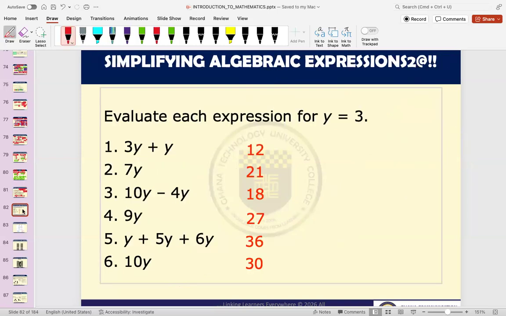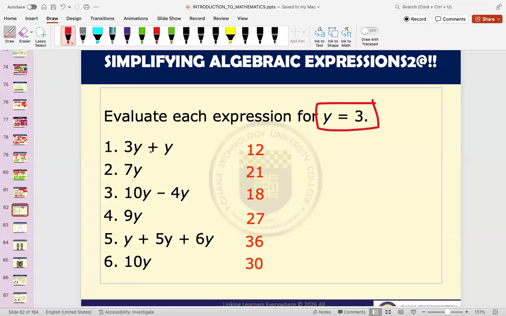Let's try some small calculations, and then we can move. Now you can be asked to do some evaluations in algebraic expressions, and some of them are very easy, like these ones. It says evaluate each expression for y equals 3. It means that wherever you see y, put 3 there.